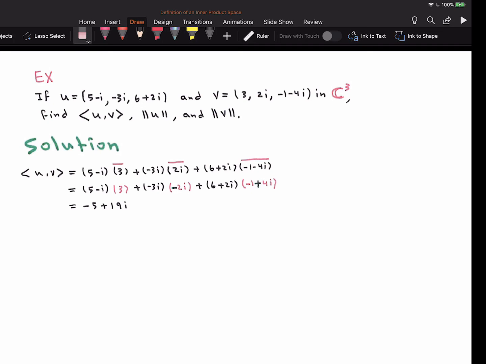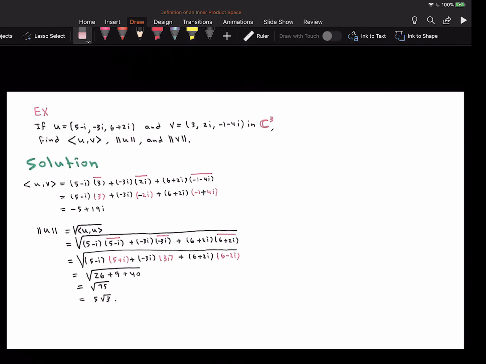We take the second component from the first vector, minus 3i, times the conjugate of the second component, 2i, which changes to minus 2i. Third component, 6 plus 2i, times the conjugate of minus 1 minus 4i, which changes to minus 1 plus 4i. Doing the math, we end up with minus 5 plus 19i.